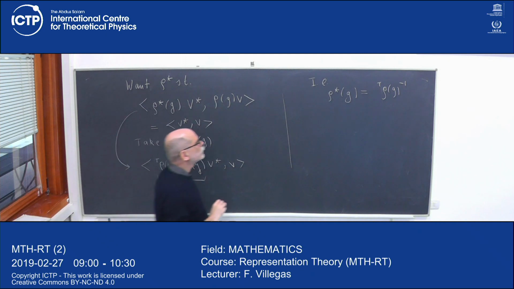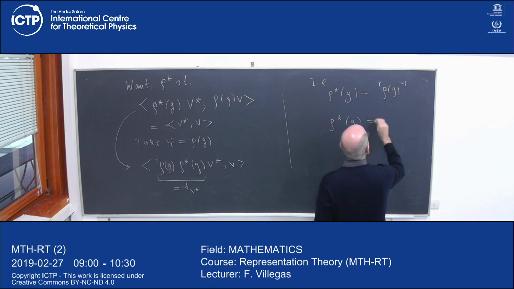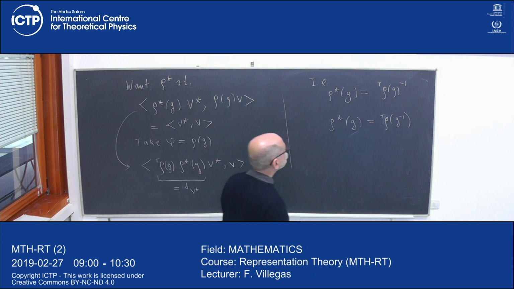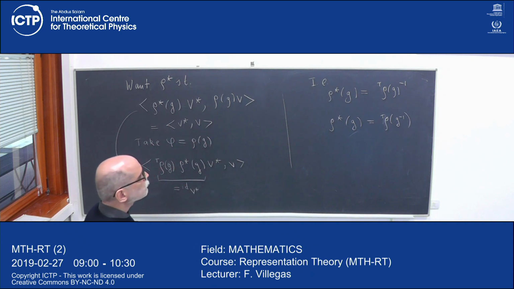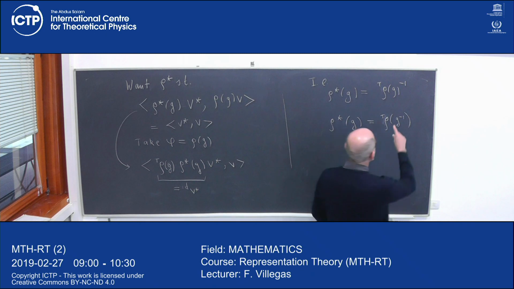And so we write it as, yeah, so I guess there's one more step to verify that rho transpose is a homomorphism, and so the inverse goes inside.